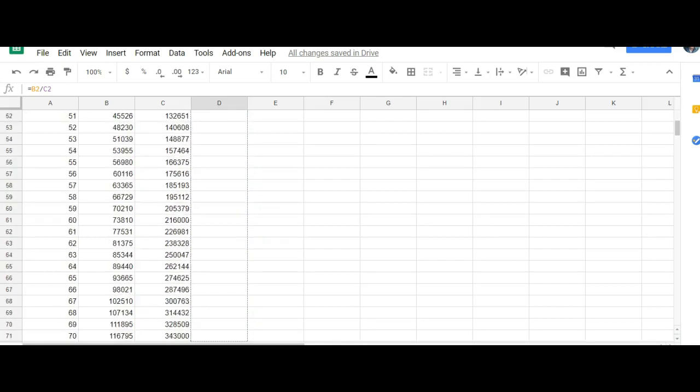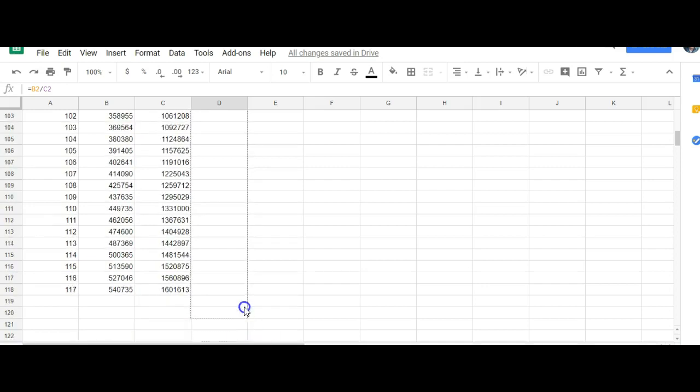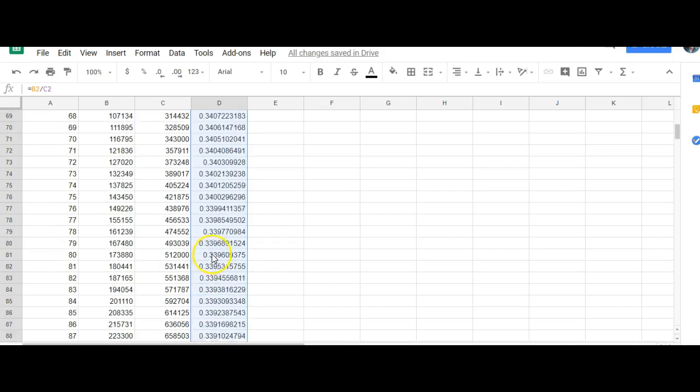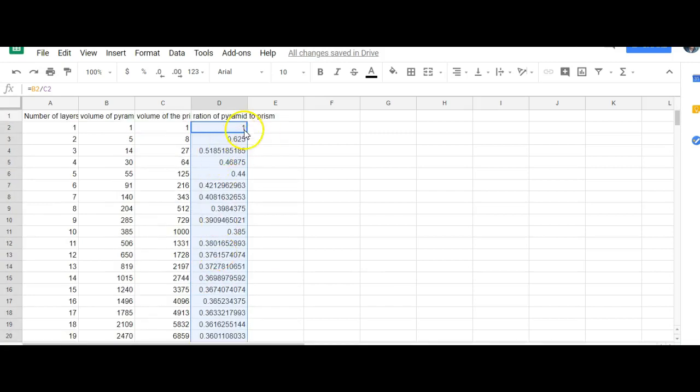Yeah, I see what they're doing here. They're wanting us to really see what happens. And it is an interesting thought, okay, that we're going to kind of come to. What do you notice that's going on? So it started out way up here at 1, right, this ratio. And it kept getting smaller and smaller. And you might be tempted to think, oh, it's going to go down to 0. Well, it's never going to get to 0 because the volume of the pyramid is never going to become 0.